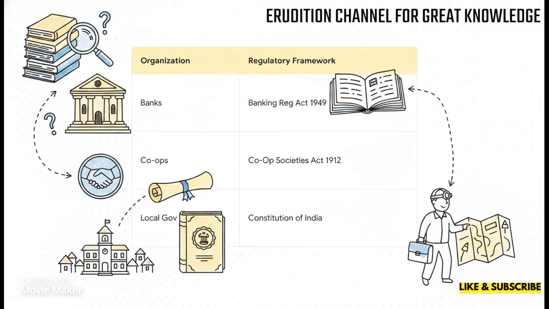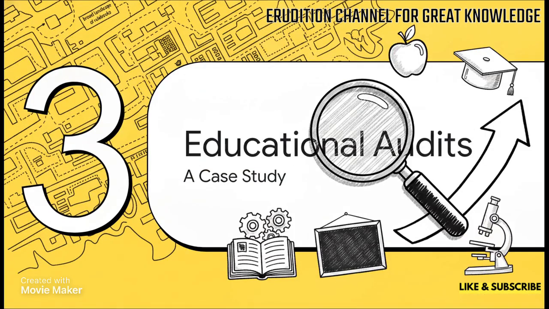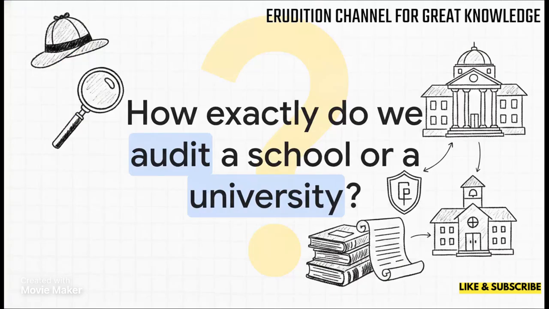Basically, the auditor has to master the specific rule book for that exact industry before they even look at a single receipt. Moving on to Section 3, Auditing Educational Institutions, a case study. So, how exactly do we audit a school or a university? Well, as you might have guessed, it depends heavily on their specific legal framework. State institutions might operate under the Societies Registration Act of 1960, or maybe a State Public Trust Act.